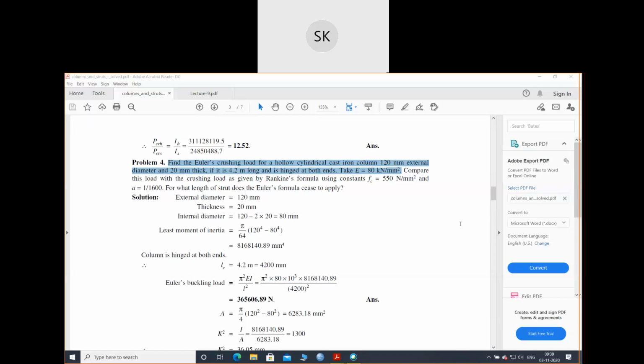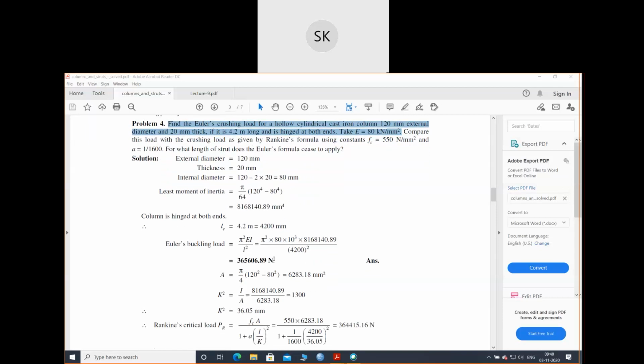Rekha is a bit wrong in the place where they have converted it into Newton. So there must be a calculation mistake, otherwise it will be fine. So once you find out the crippling load, this is the answer.